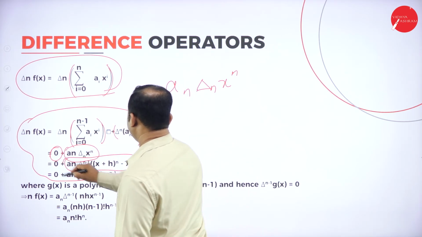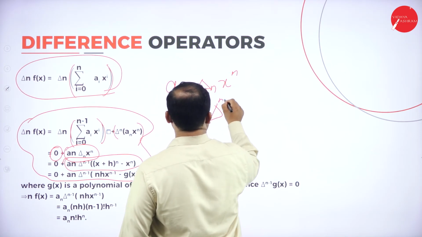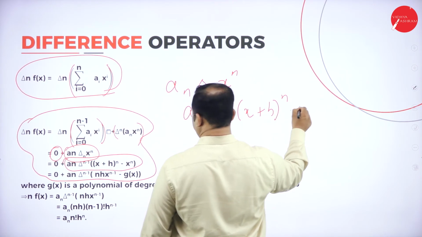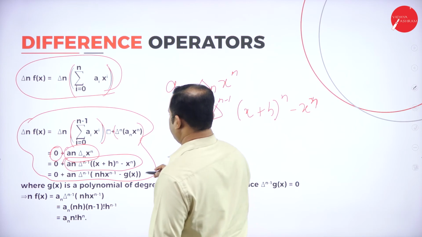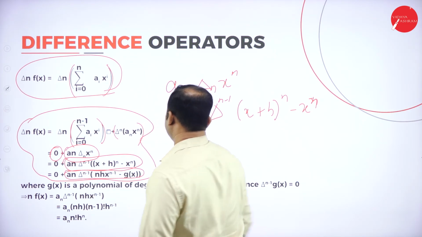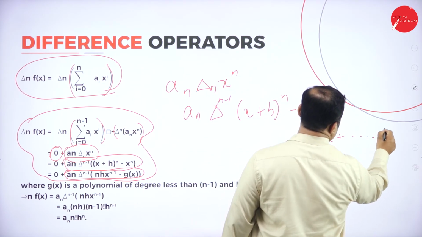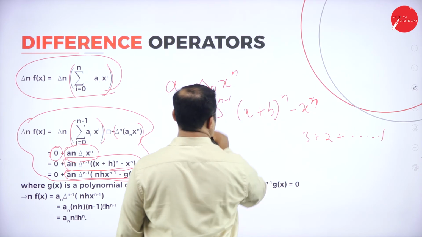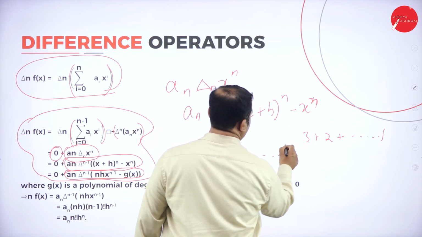That is a_n delta n minus 1 of (x plus h)^n minus x^n, that is the next term. If I further simplify this, a_n delta n minus 2, and so on, till 1. This is how it is going to be done. This is nth degree, n minus 1th degree, n minus 2 degree, n minus 3 degree, and so on till h.